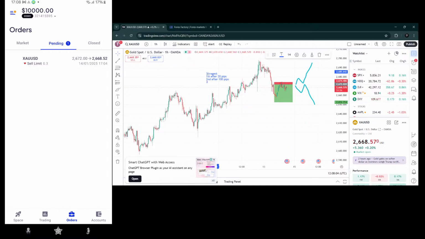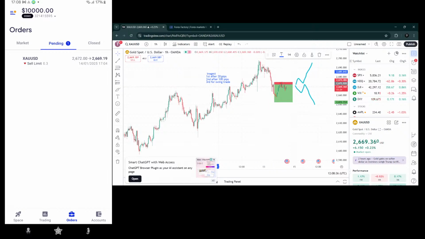And third is for swing trade. So what does that mean? For example, the market hits 72 and goes down.